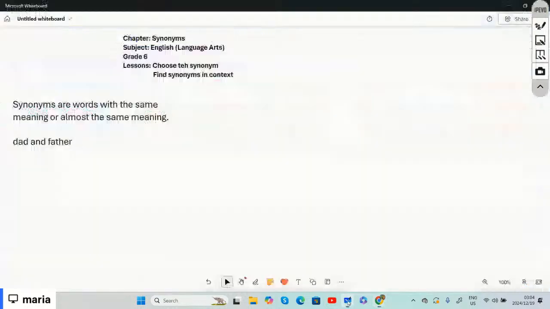So our chapter is synonyms. Our subject is English language arts. We're doing grade 6.